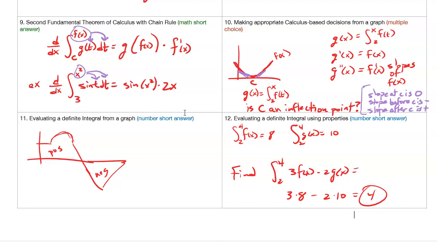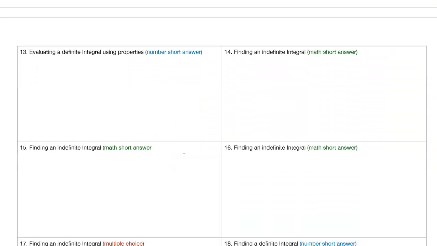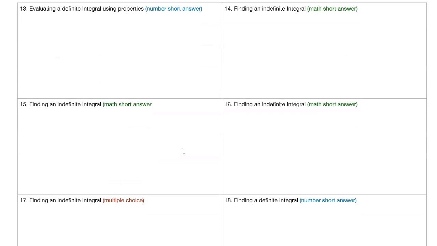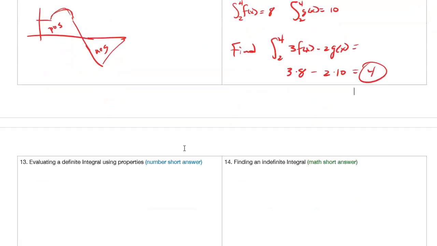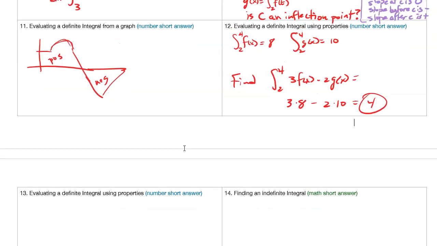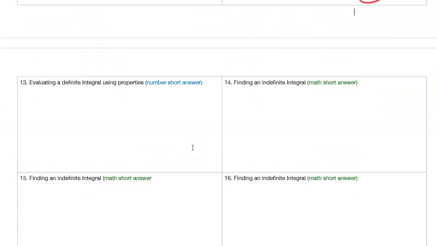I was going to say, isn't that what number 12 was? Yes. So 13 is the same as 12, just probably a different property.